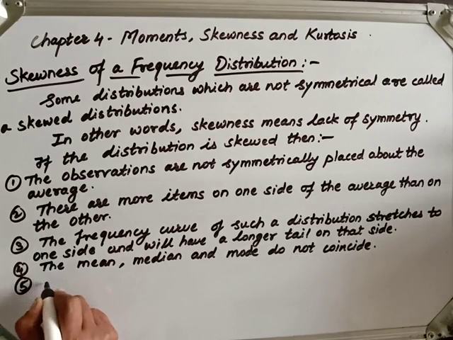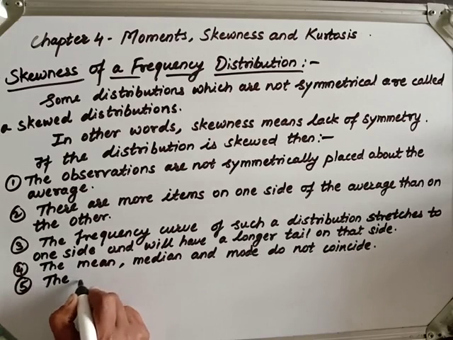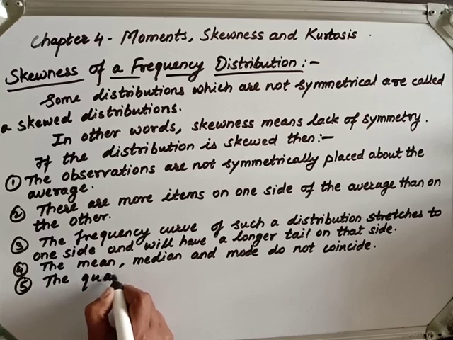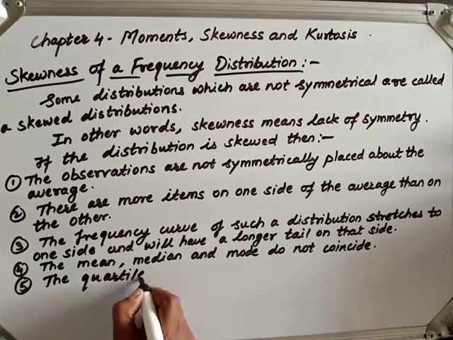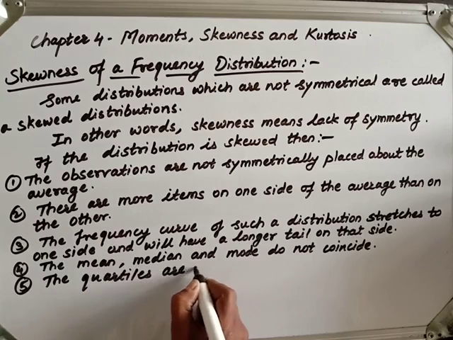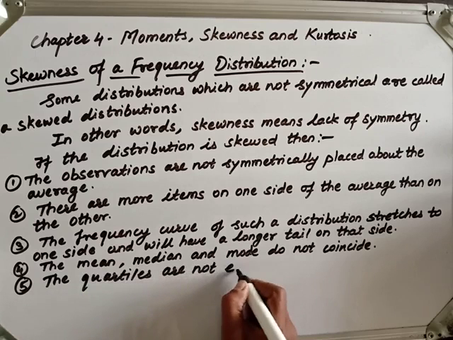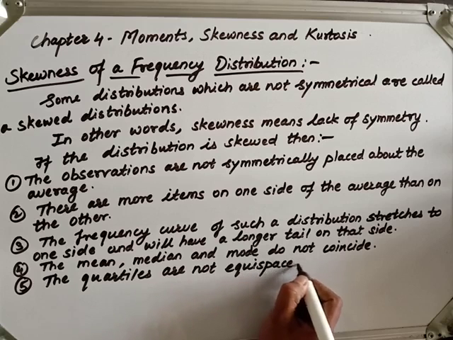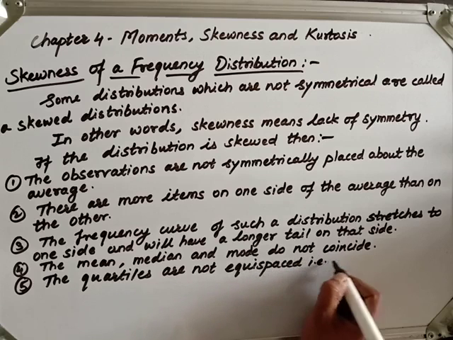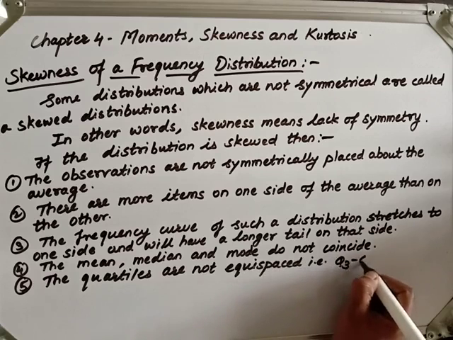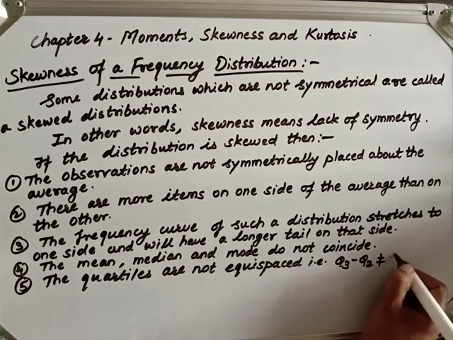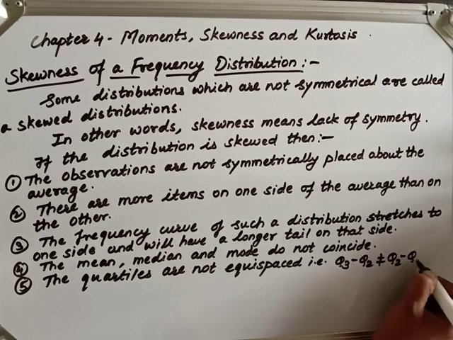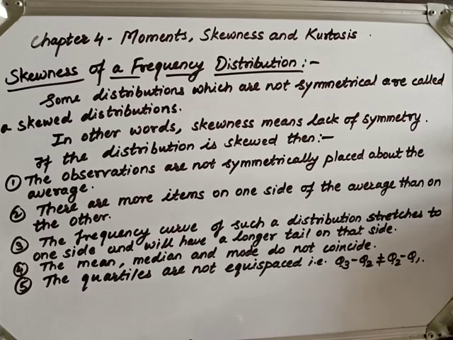Next, the quartiles are not equispaced. That is, Q3 minus Q2 is not equal to Q2 minus Q1.